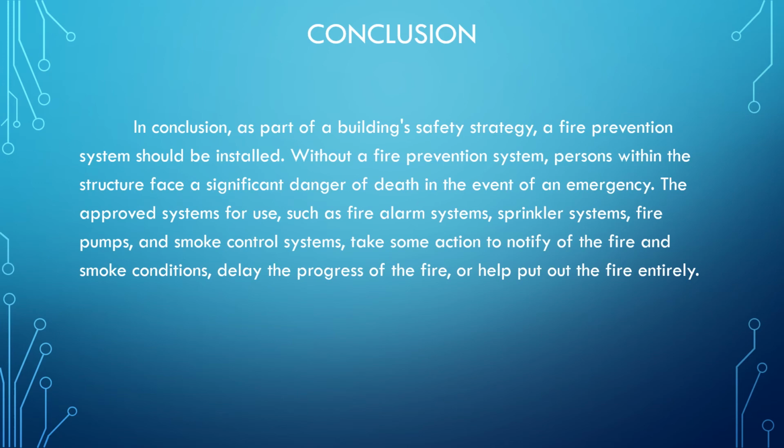The approved systems for use, such as fire alarm system, sprinkler system, fire pump and smoke control system, take some action to notify of the fire and smoke condition, delay the progress of the fire, or put out the fire entirely.